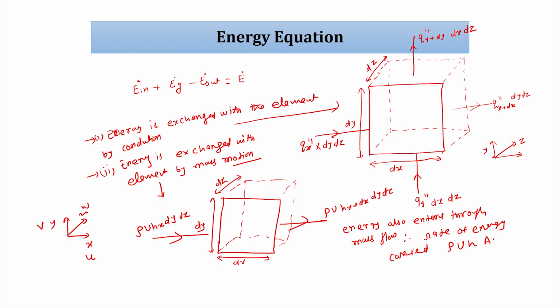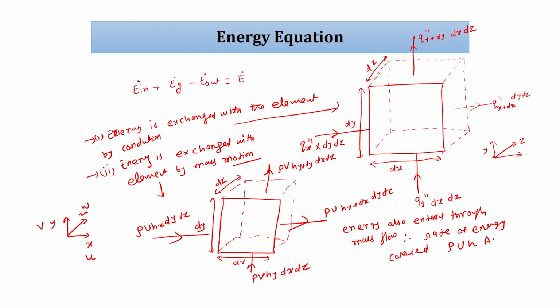In the y direction, rho v h y dx dz, and rho v h y plus dy, dx and dz. So, we can see two types of energy transfer can happen.